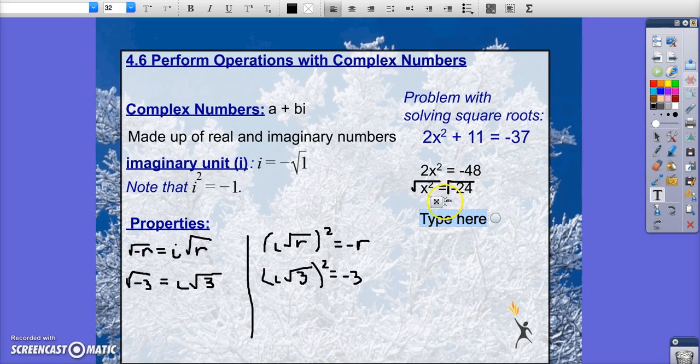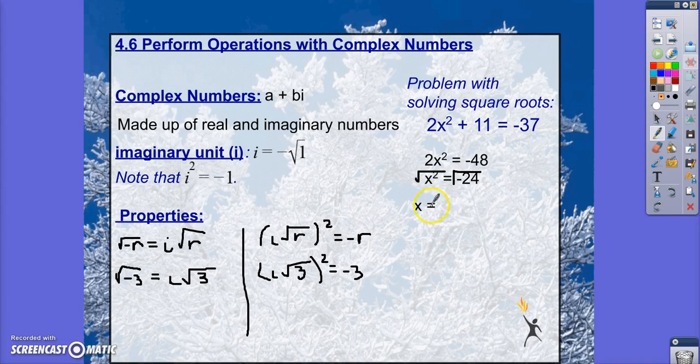So when we do that, we get x equals, don't forget your plus minus. And actually, I'm going to write this part out. So plus minus, whenever I take the square root from last lesson, the negative in the negative 24 comes out as an i. Don't forget, we could actually split up 24 to 4 and 6.